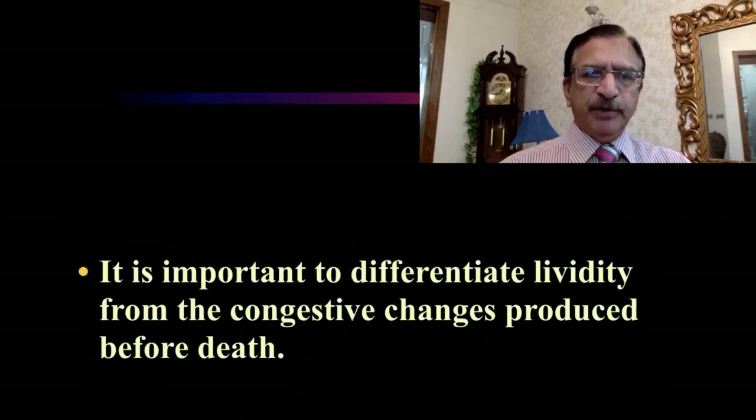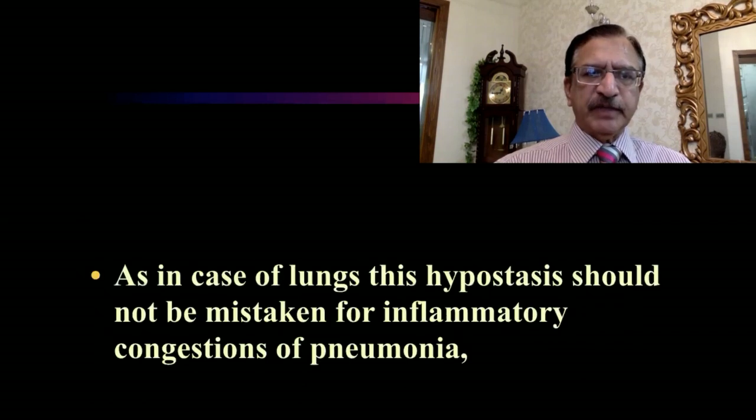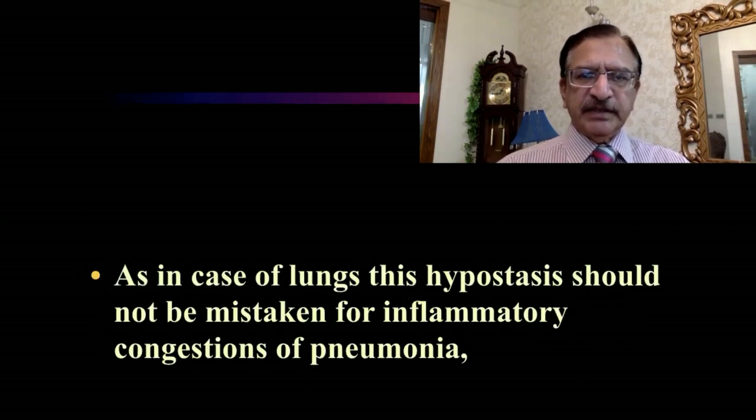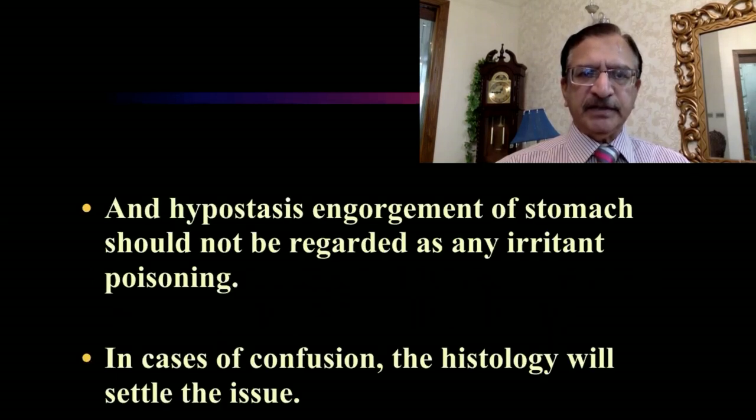So it is important to differentiate lividity from other congestive changes which appear because of some pathology before death. As in case of lungs, this hypostasis should not be mistaken for inflammatory congestion of pneumonia, because the congestion of pneumonia will be developing on all the surfaces of the lung, not only limited to the dependent part of the lungs.